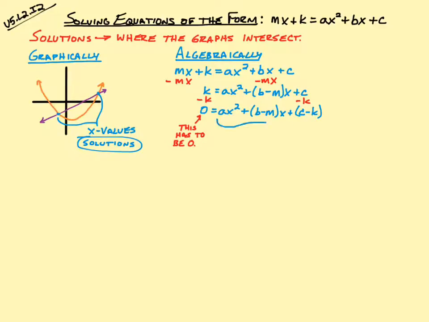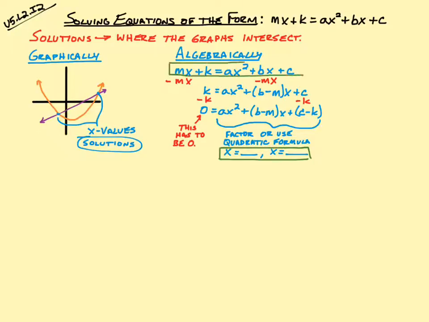Because what we're about to do now is factor or use the quadratic formula to find where this thing would cross the x-axis. Okay, so we would get two values for x. Maybe we get one value, maybe we get no values, but we get whatever values we get from our quadratic formula.